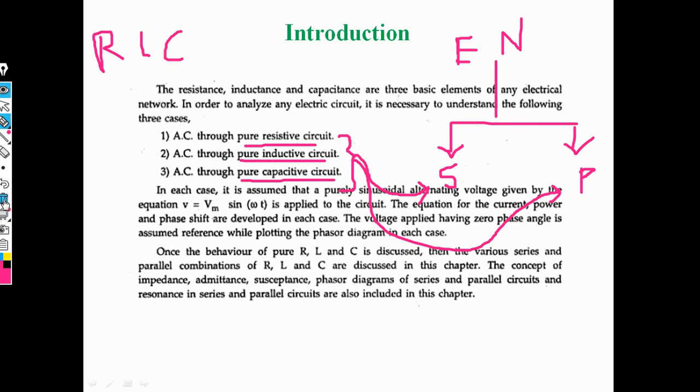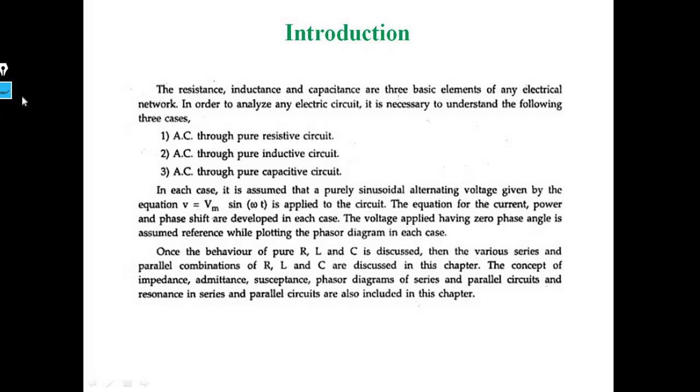Now we have to explain the pure resistive circuit. In the pure resistive circuit we need the circuit diagram, then equations, then waveform, and the last one is the power equation.